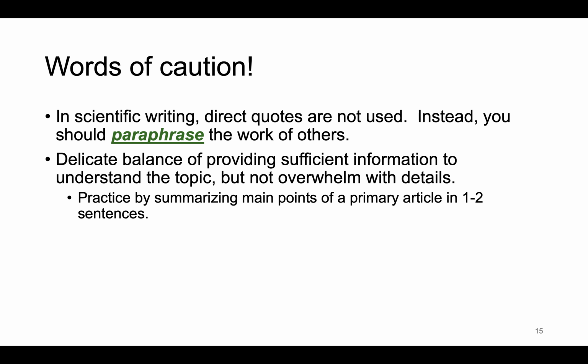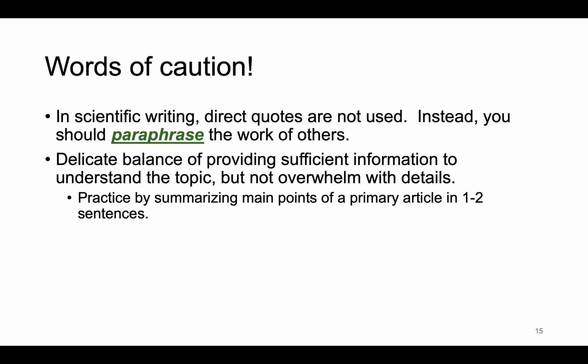Keep in mind that in a literature review, you want to have a very delicate balance of providing sufficient information to understand the topic, but not overwhelming with details. A lot of the nitty-gritty details are going to be found in those primary literature pieces, whereas in a literature review or review document, you're trying to take those primary literature pieces and make them accessible to a broader audience.